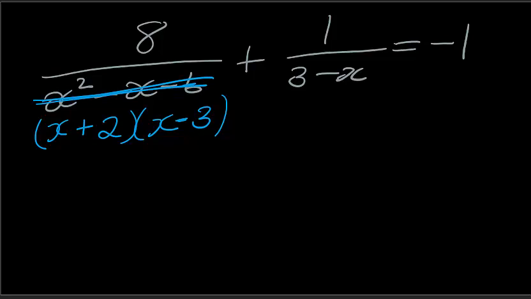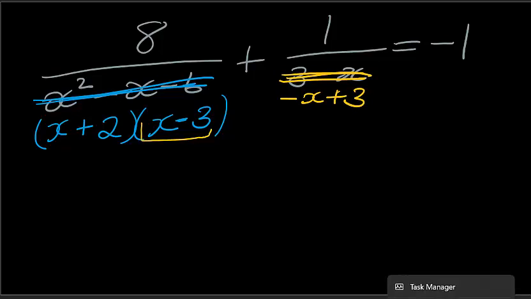Okay, now I see a similarity here. This looks a lot like that, but not quite the same. So I'm going to change this. First, I'm going to say minus x plus 3, right? So I've changed that. Now I'm going to change the sign because I want positive x, negative 3. So I'm going to change all three signs.